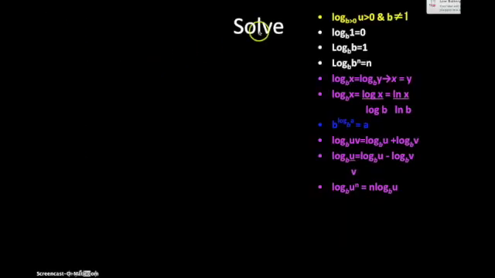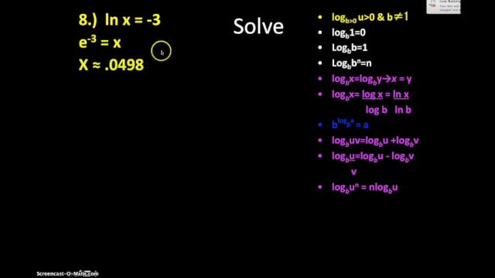We last left off being able to solve logarithms and exponentials, and so I have a bunch of them to work with here. Here's a natural log base e of x equals negative 3. Written as an exponential, this would be e to the negative third equals x, and you can recognize this should then be put onto a calculator and solved, and we get an approximate answer of 0.04.